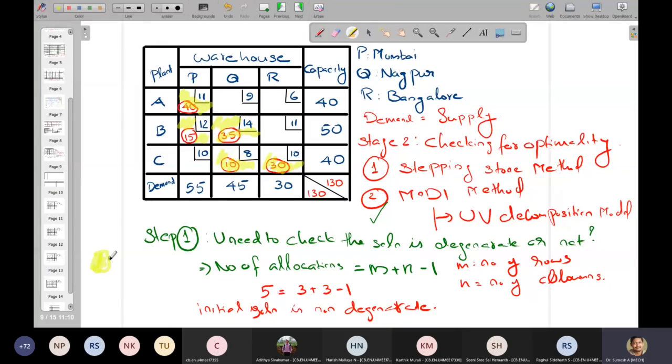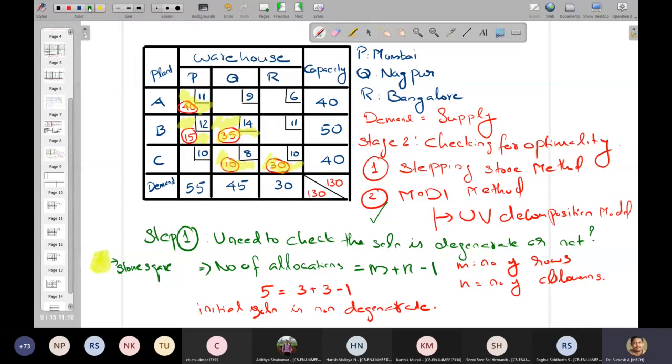The cells which do not have any allocation are called water squares.